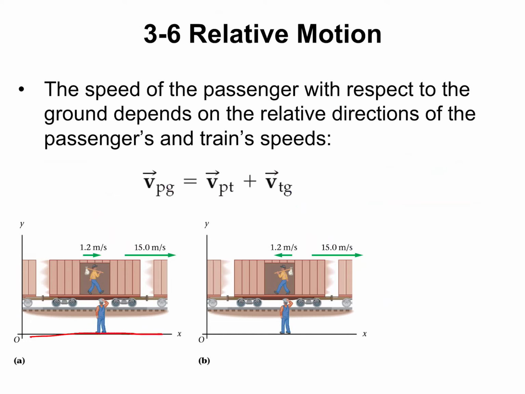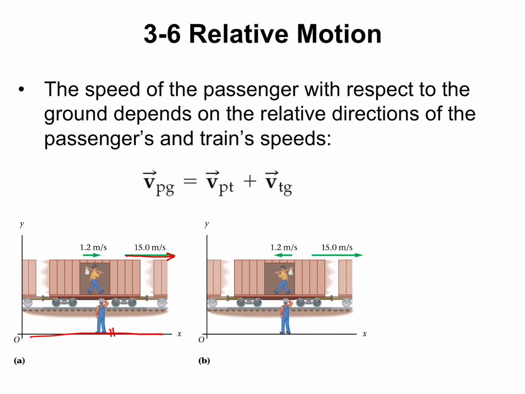Assume in this case the train moves relative to the platform at 15 meters per second towards east, and the yellow shirt guy on the train moves 1.2 meters per second relative to the train.